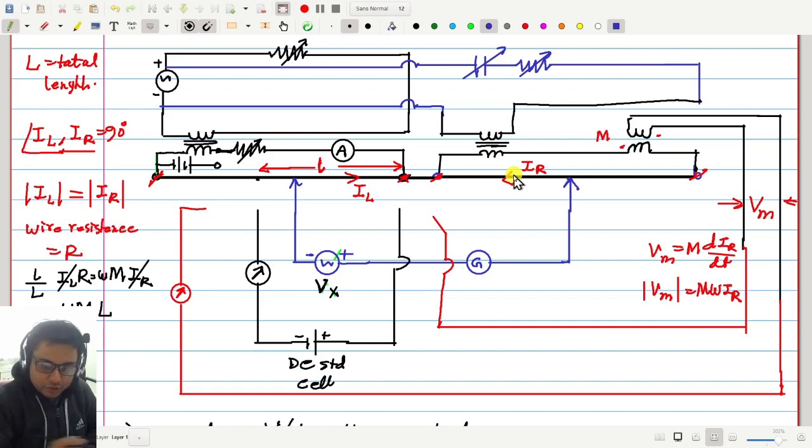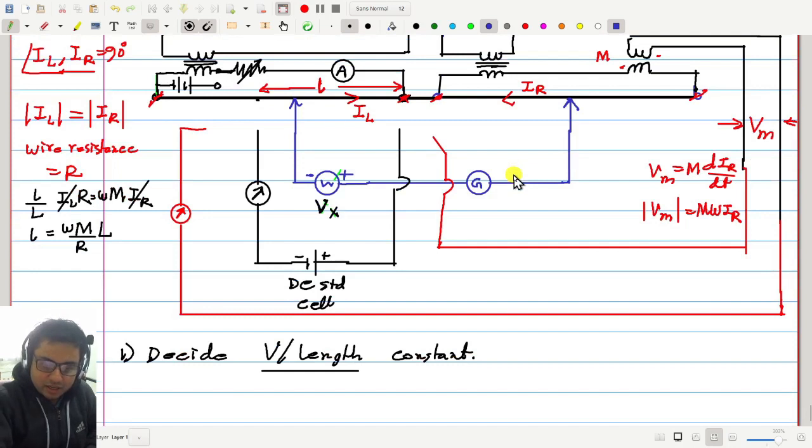Excellent, very good. So if I draw a phasor diagram, let me draw it here. Suppose this voltage is here with respect to some reference, and this voltage from left to right. So I'm drawing the voltage from left to right direction, and this voltage is here.